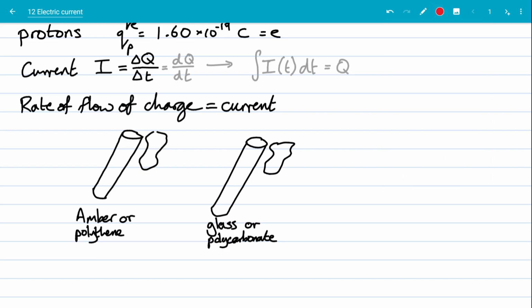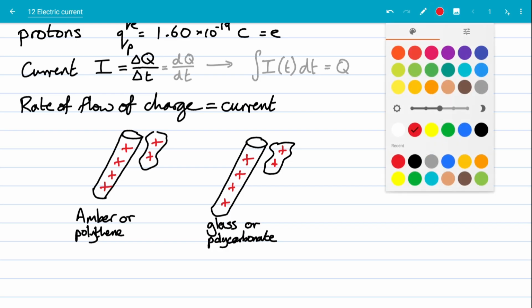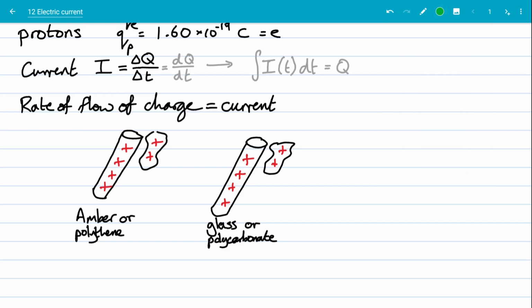Then what we find is that the two rods, which always have positive charges, as does the cloth, because they contain atoms which all have protons in them, there is a movement of negative charge.